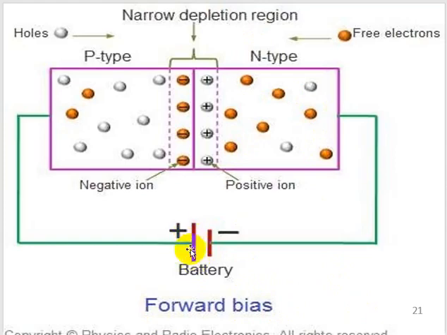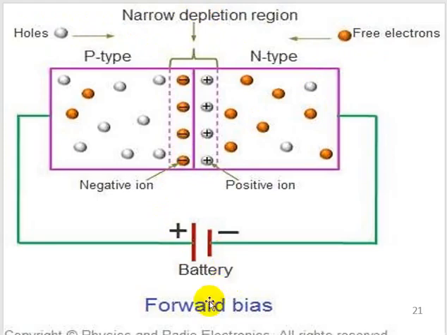If the battery is connected in a way that positive terminal is connected to P-type material and negative terminal is connected to the N-type material, the depletion region will be shrunk, and the negative charges will gather with this junction and positive from here will gather with this junction, and free electrons will move in this direction and holes will move towards the other direction, and the depletion region will be a narrowed region.